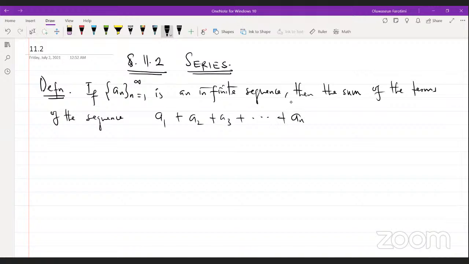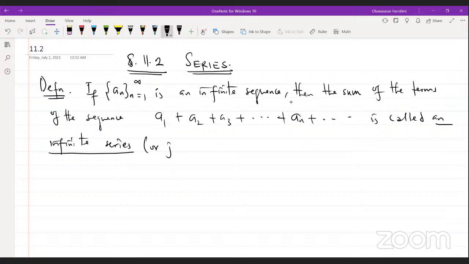Of course, you can have the nth term, but it's an infinite sequence, right? So it's endless. If this is an infinite sequence, then the sum of the sequence is called an infinite series, or sometimes just a series. If you don't call it an infinite series, you just call it a series.